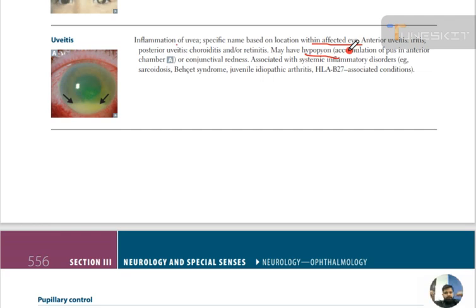Hypopyon is the accumulation of pus in the anterior chamber, or conjunctival redness, associated with systemic inflammatory disorders, e.g., sarcoidosis, Behçet disease, juvenile idiopathic arthritis, and HLA-B27 associated conditions. So these are the conditions which would be associated with uveitis more or less.